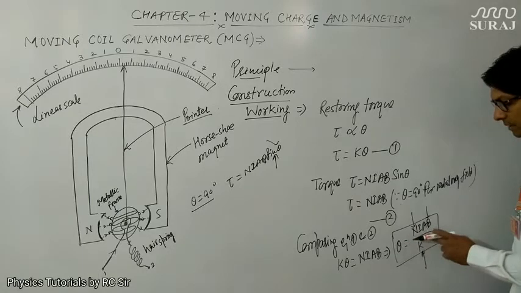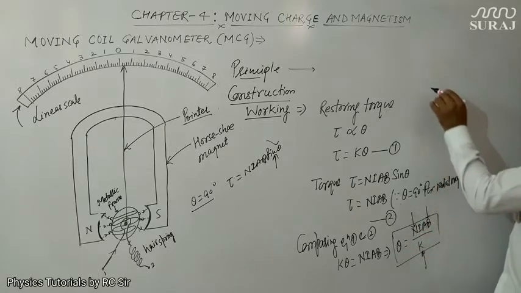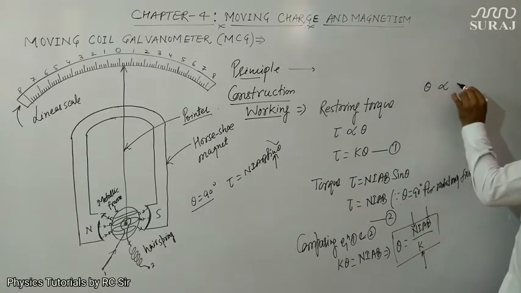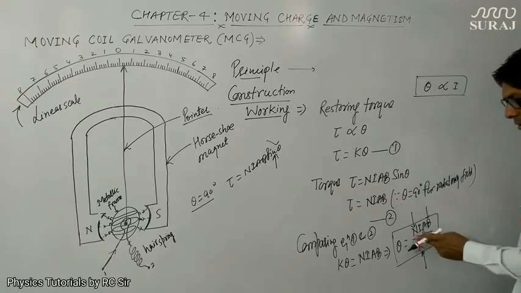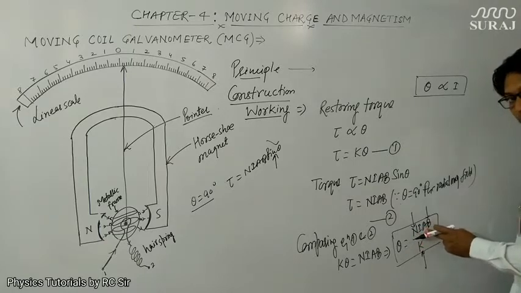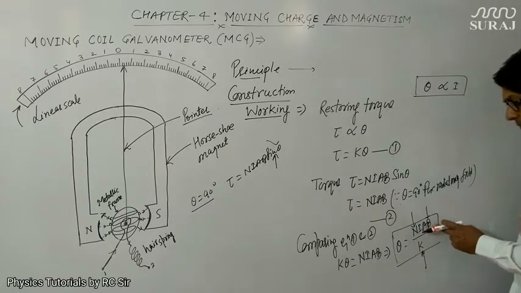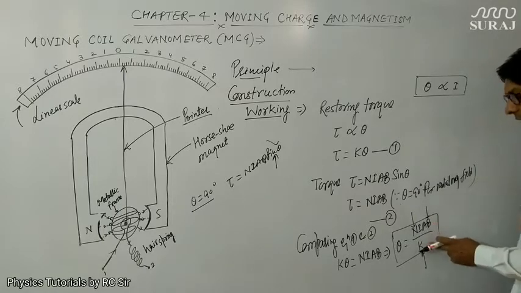So theta is directly proportional to I. Why is it so? Because N is constant once a coil is selected. A, the area of the loop, is also constant, the magnetic field is also constant, and K, the spring constant which depends upon a spring, is also constant.